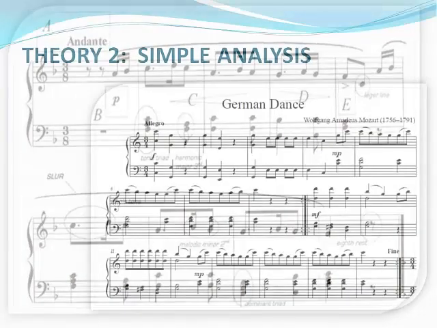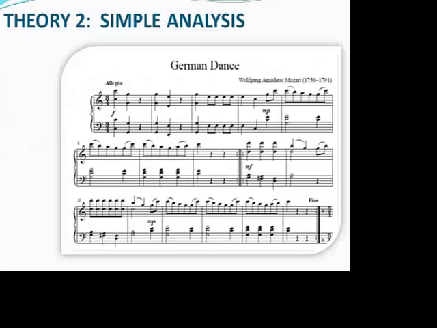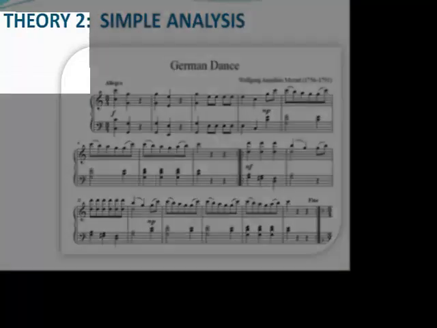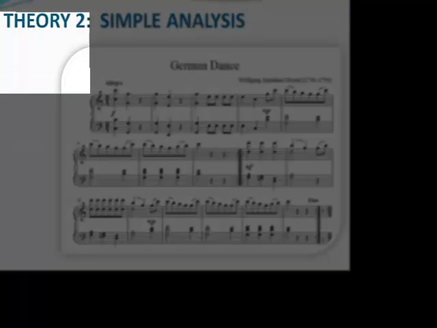Let's look at this slide where we have a piece by Mozart called German Dance. Here are some of the questions that you may have. What does allegro mean? Allegro means fairly quick. What key is this in? It's in the key of C major.